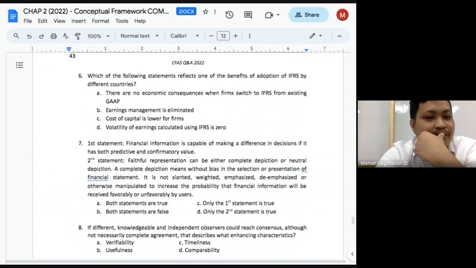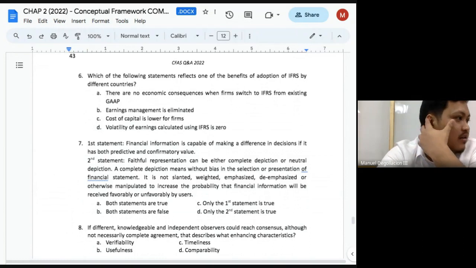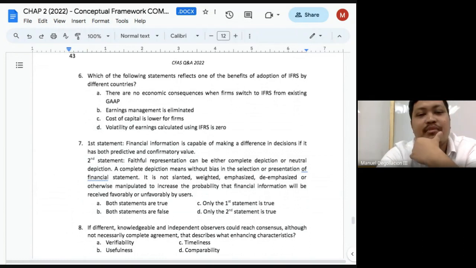And if fund providers are more trusting of the financial statements class, then they would not be very hesitant to provide the funds. And in that case, the cost of the capital or fund they provide would be lower.